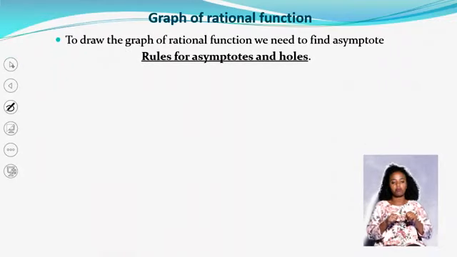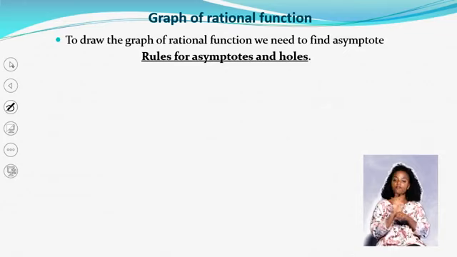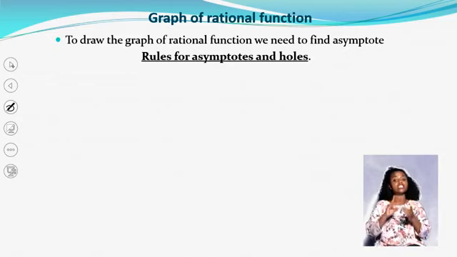Let's see the graph of a rational function. To draw the graph of a rational function, we need to find asymptotes. So let's see the rules for determining asymptotes and holes.